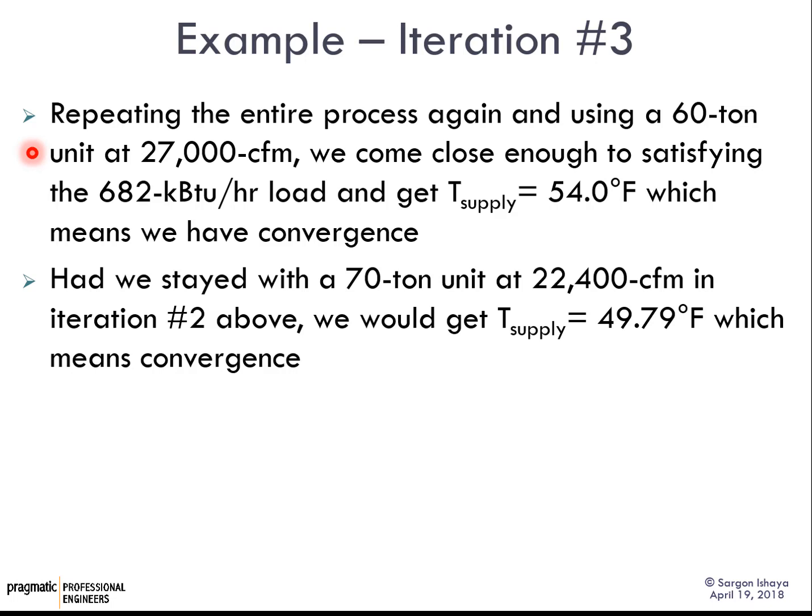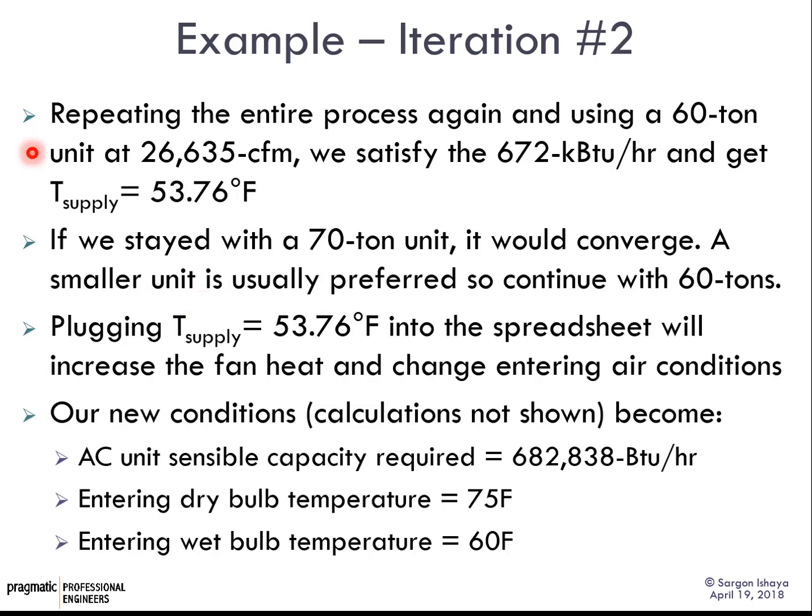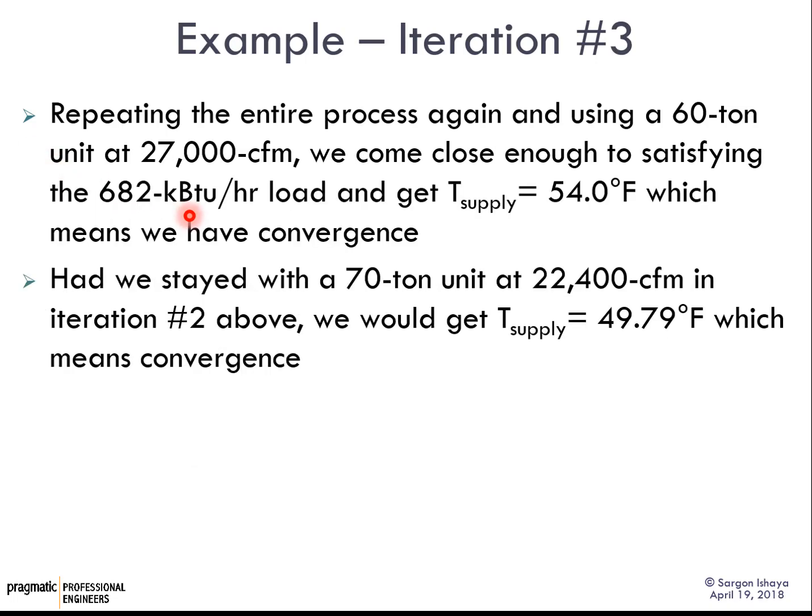And once we recalculate the supply air temperature, we're at 54.0 degrees. Recall from the previous slide, we were at 53.76. Now we've jumped up to 54 degrees, but basically that is a 1/4 of a degree Fahrenheit change. That means we have convergence.